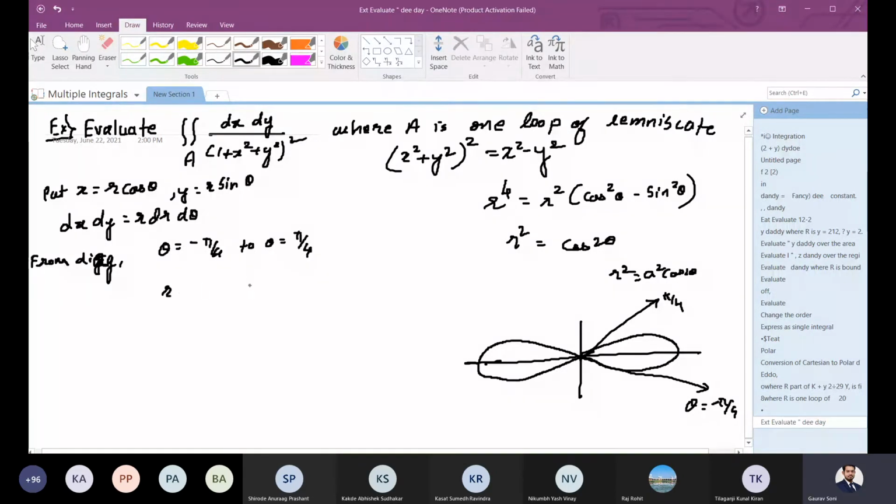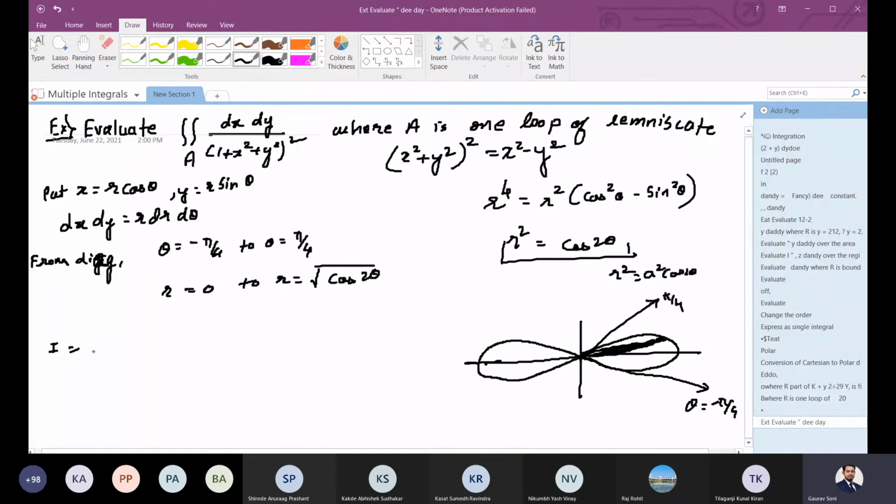What about r? I'll start the strip from the origin, take it up to the curve like this. So r is running from 0 to. On the curve, what is the value of r? This is the equation of the curve, r square is equal to cos 2 theta. So from this, the value of r is under root cos of 2 theta. We can put these values.